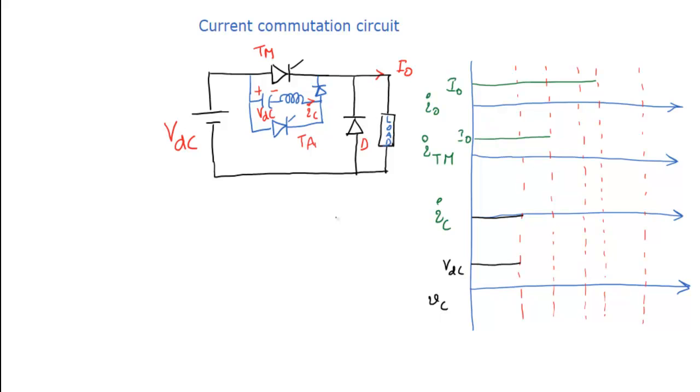Once the auxiliary thyristor is turned on, the capacitor supplies energy to the inductor. As we already know, the current will follow a sine wave and the voltage will follow a cosine wave. So the current slowly increases to its maximum value and the voltage reduces to 0.